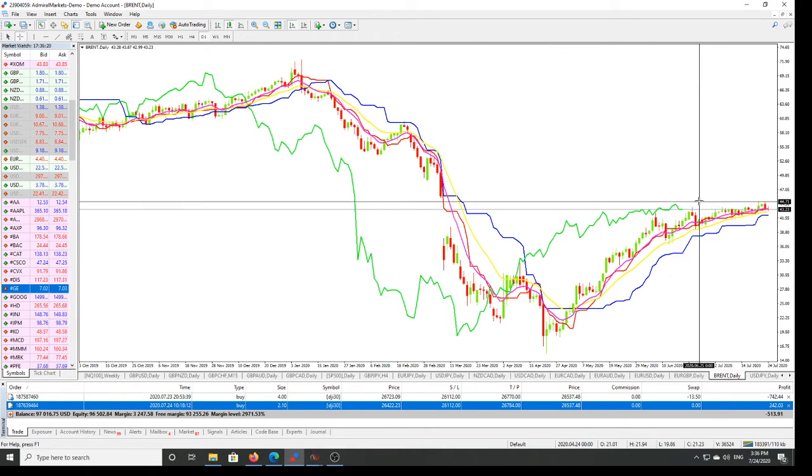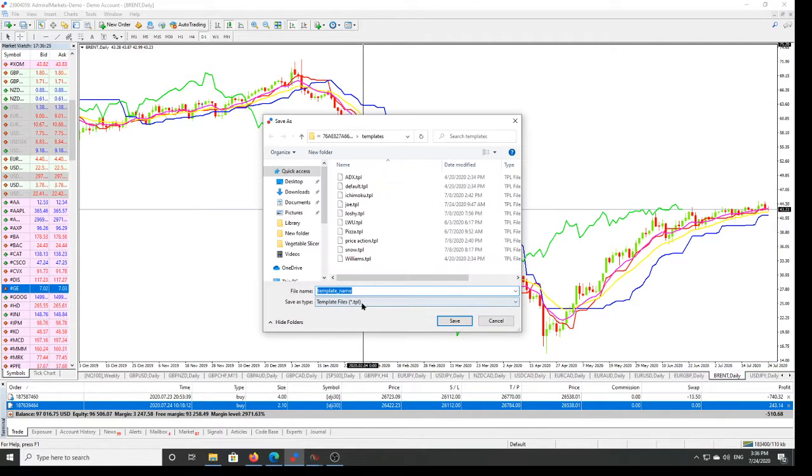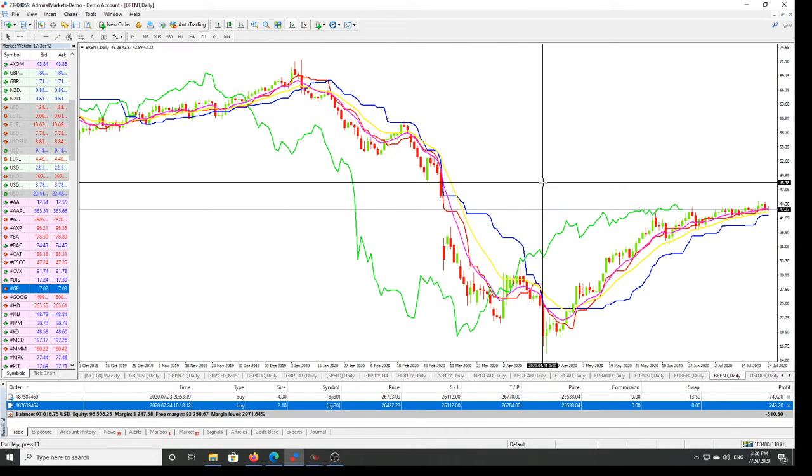So I'm going to save this setup as a template, and I'll name it after my cat, Wendy. So when I see Wendy, I know it is a double setup.